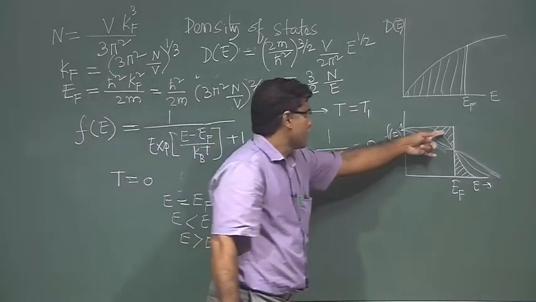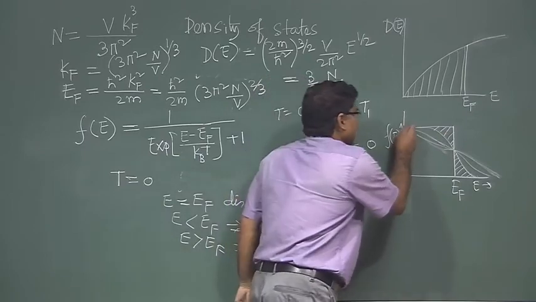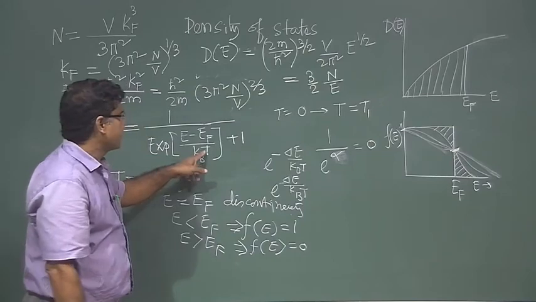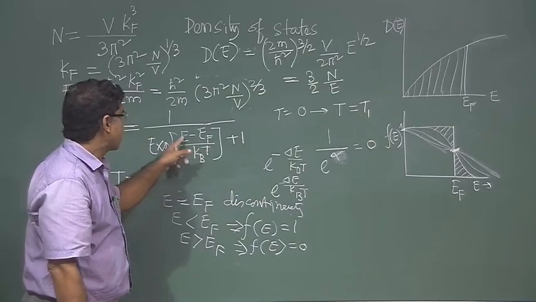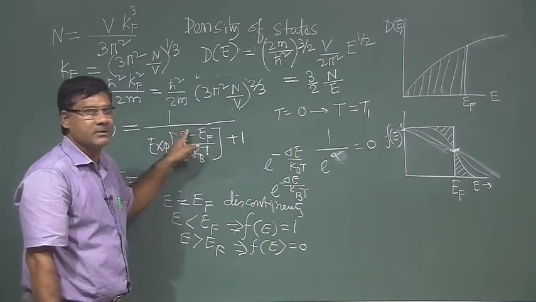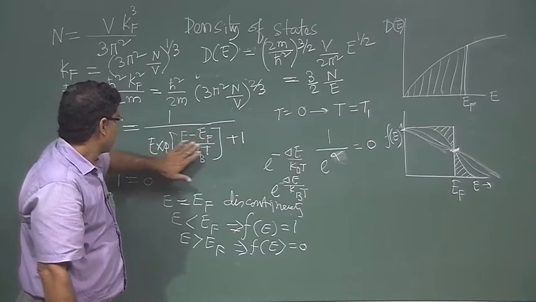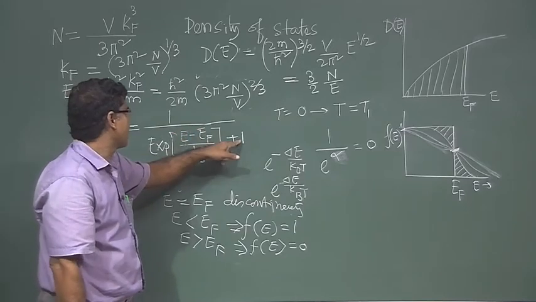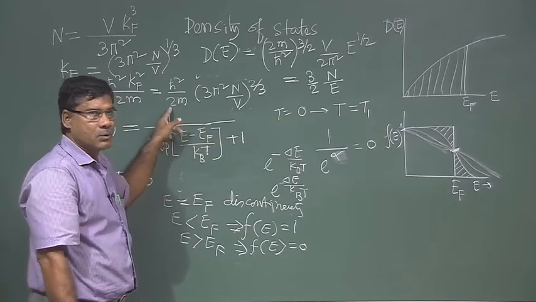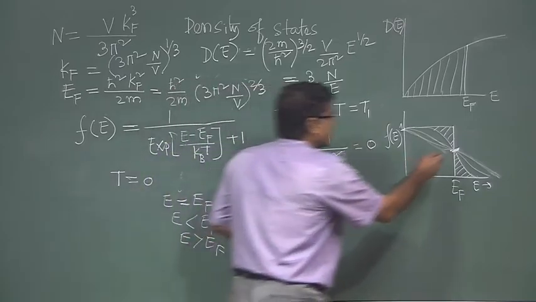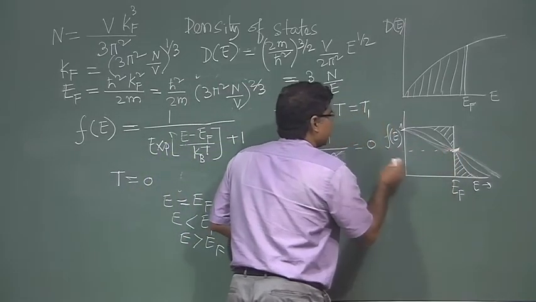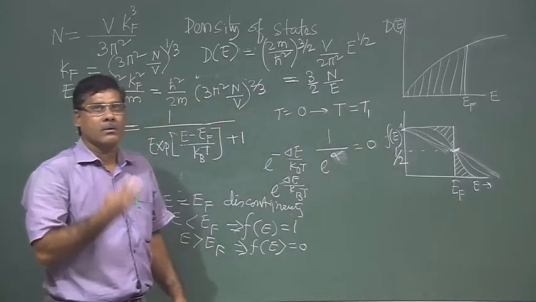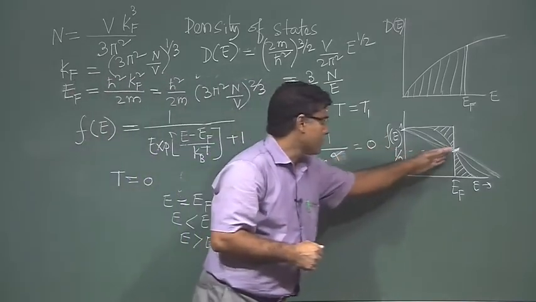So, at any temperature, when E equal to EF, the exponential is e to the 0, which is 1. So, 1 plus 1 is 2, so 1 by 2. So, this probability Fe is half all the time. So, this is an important fact.